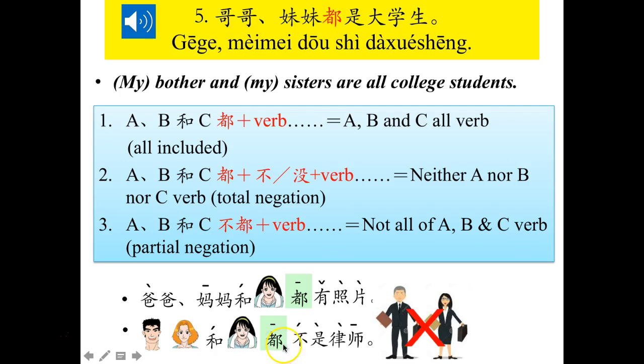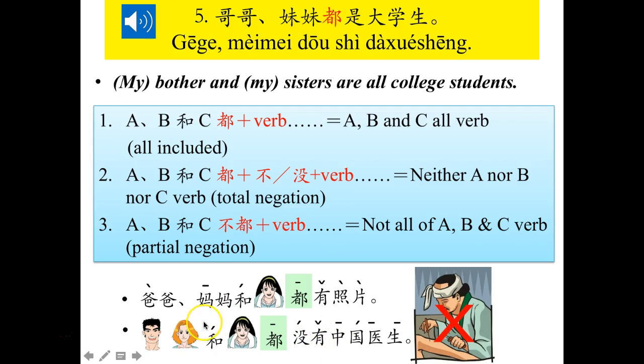So you say 王鹏、李友和白英爱都不是律师. All of them are not lawyers, literal translation. It's a total negation. None of them are lawyers.